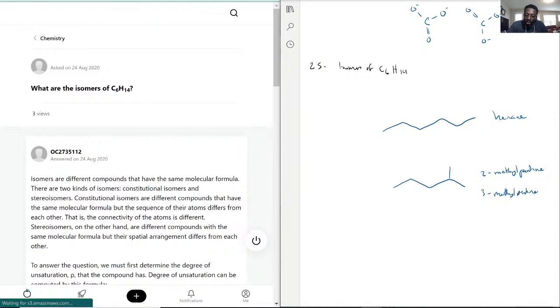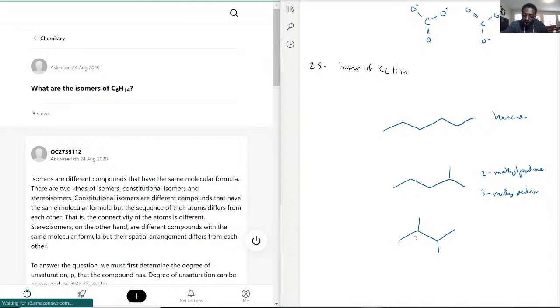How else can you reorganize this? That's a great question. Oh yeah, whoops. You can have this, and this would be 1, 2, 3, 4. I'm trying to think if there's anything else we can do with this. Nope.